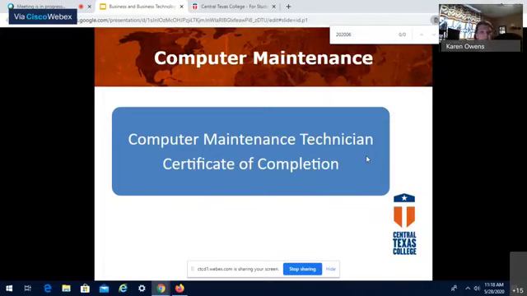This is a primary responsibility that revolves around maintaining, repairing, and troubleshooting all of the computer hardware, software, networks, and all of your connecting devices. We call them peripherals, so your printers and things like that, webcams.